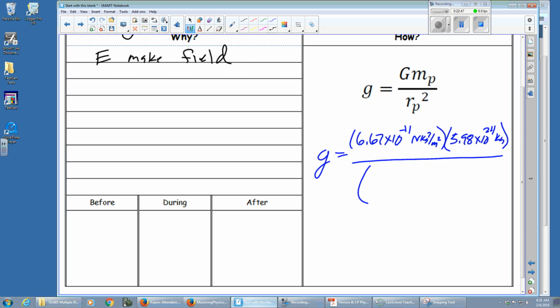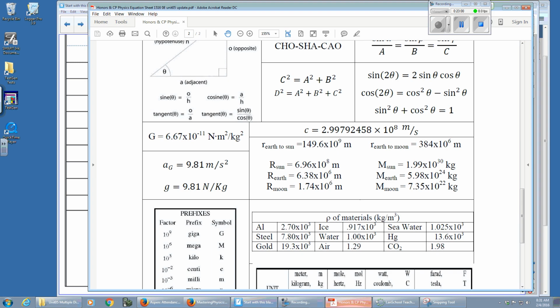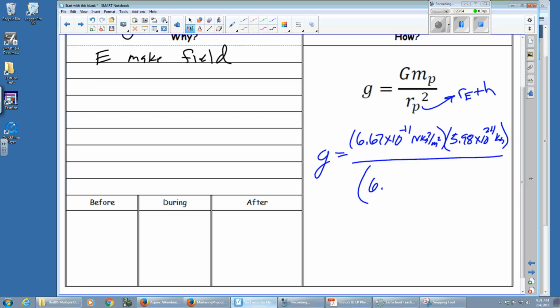The radius, remember, this r is going to be the radius of the Earth plus the height above it, like it was for the GPS satellite, the first one we started with. So take the radius of my Earth, 6.38 million meters, plus 3250, and don't forget to square that. And let's check it. You get the correct answer.